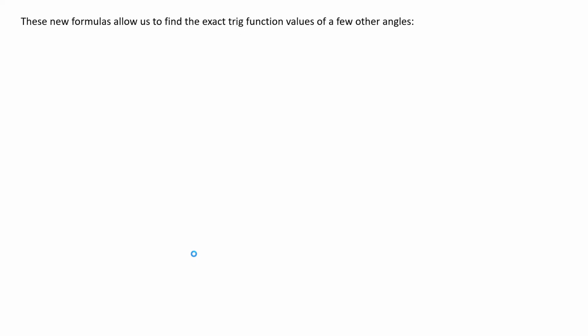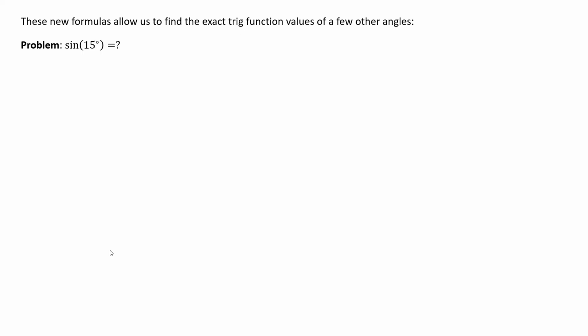So with that, the question might be, why do we need these formulas? One reason we need these formulas is we can now find the exact values of a few other angles. Up until now, we knew 0, 30, 45, 60, 90, right? The exact trig ratios for those angles. This allows us to find them for a few other ones.